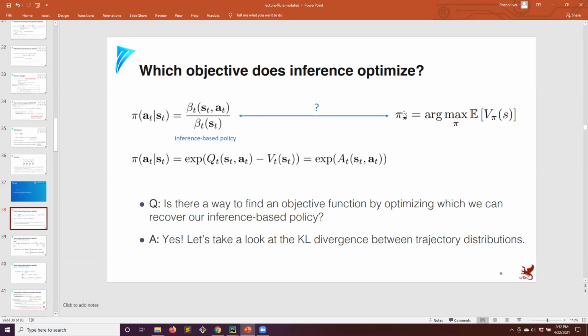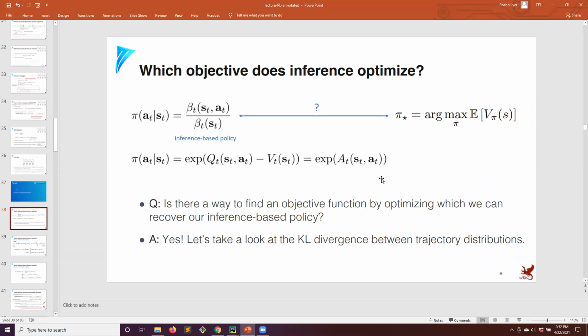And we also know that when we have an optimal policy, that's like saying the policy that is getting the largest expected return or cumulative reward, which is from this value function.